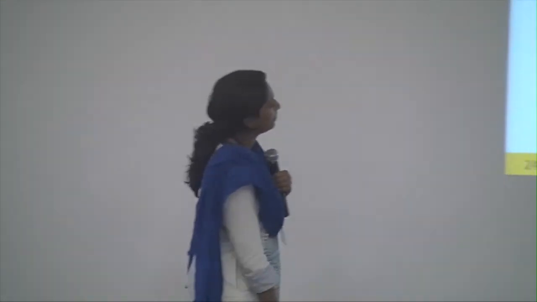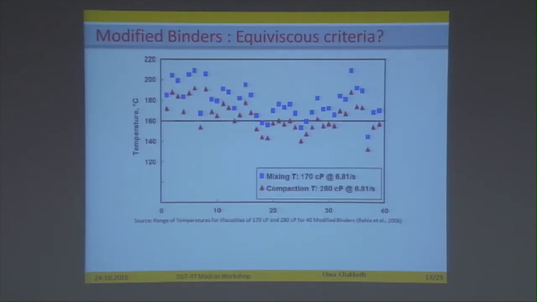You can see in this particular figure a result obtained from an NCHRP report. They have used 40 binders in order to determine the mixing temperature corresponding to the viscosity of 170 centipoise at a shear rate of 6.81 reciprocal seconds.